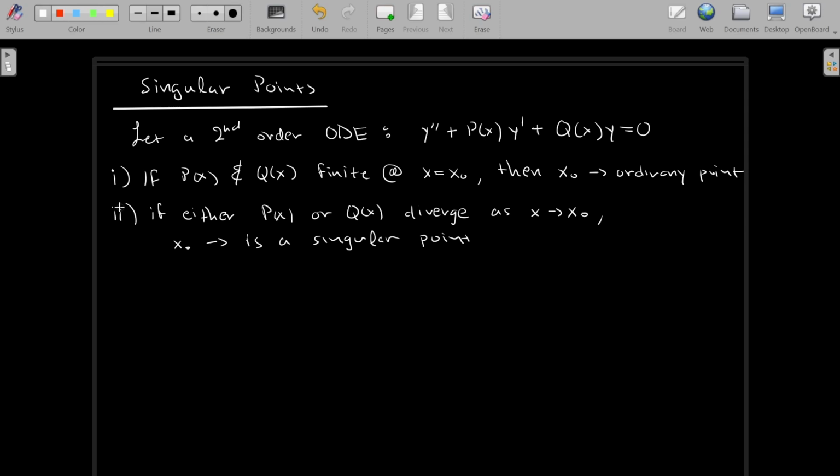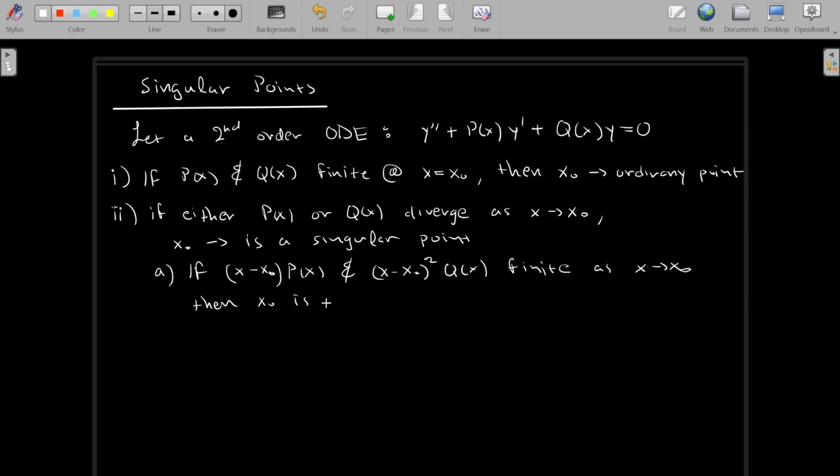And this can be subcategorized twice, meaning that if (x - x0) p(x) and (x - x0)^2 q(x) are finite as x goes to x0, then x0 is a regular singular point.